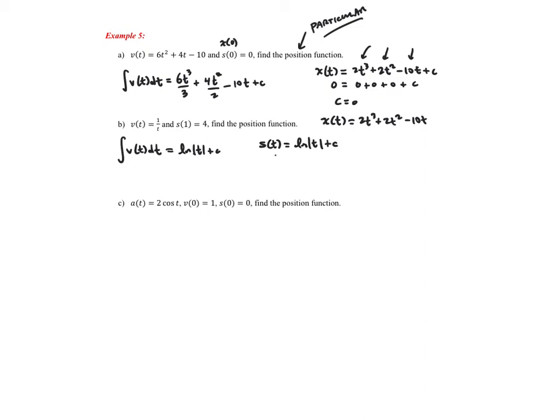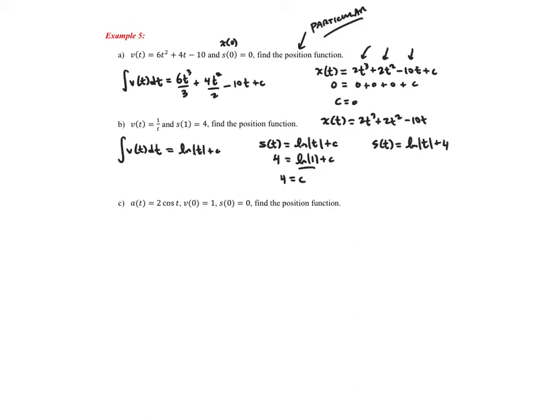Now if the initial position is 4 when t equals 1, then we know the natural log of 1 is 0, therefore 4 would equal c. Thus the particular position function for this scenario would just be the natural log of t plus 4.